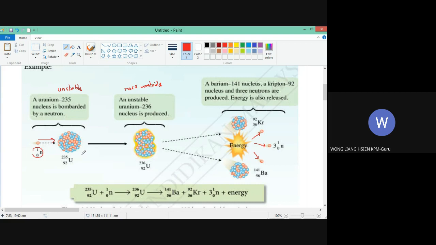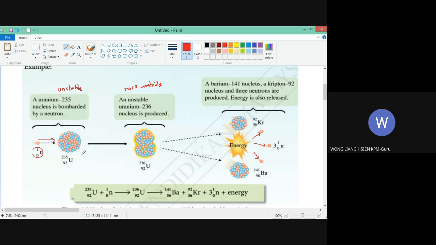But of course, this process is uncontrolled. You don't know when it is going to fission, and you don't know which one. That means the process is random and spontaneous.